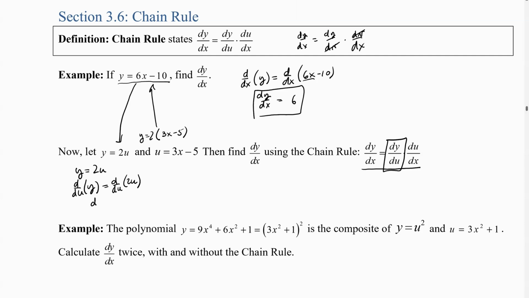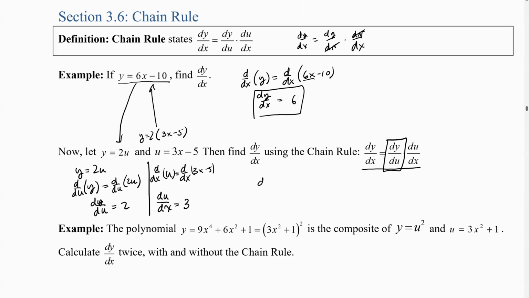And I get dy/du is equal to 2. Great. Now we're going to take u is equal to 3x minus 5, and let's take the derivative of both sides of that with respect to x. This gets us du/dx is equal to 3.